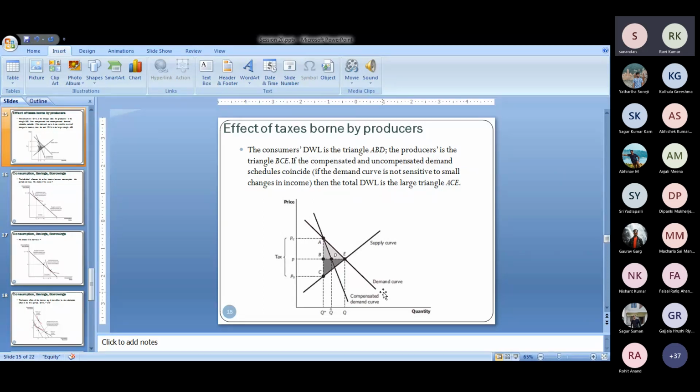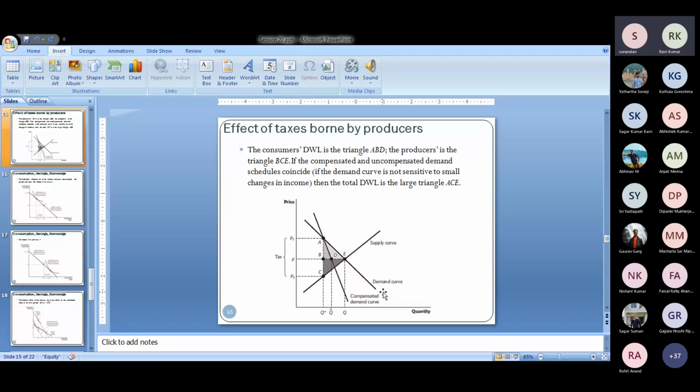If this is the scenario, then what is the deadweight loss of the consumer? ABD, right? What is the deadweight loss coming from the producer? BCE. Now, let's assume that the consumer's demand is not very sensitive to this very small change in income.